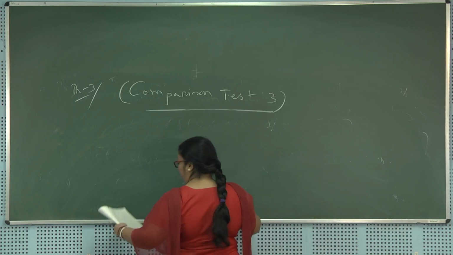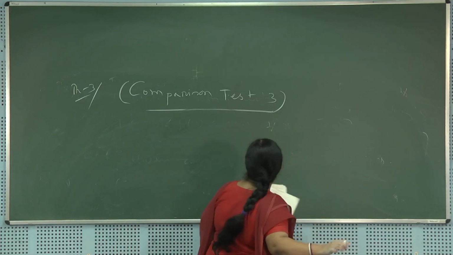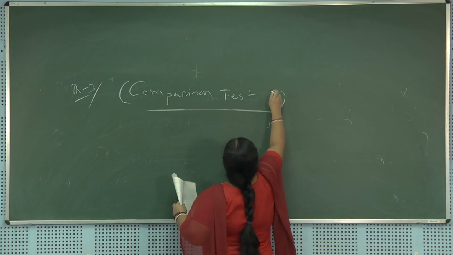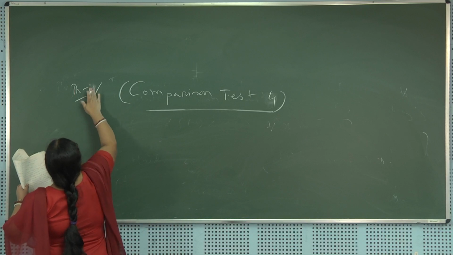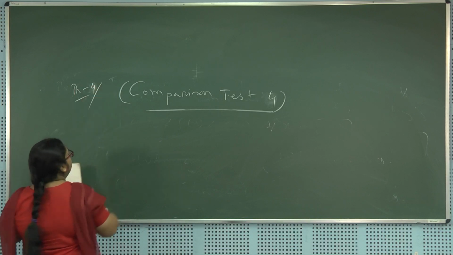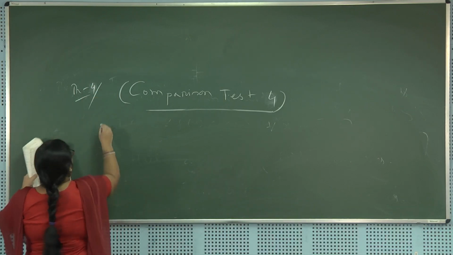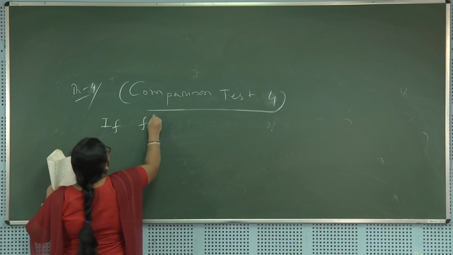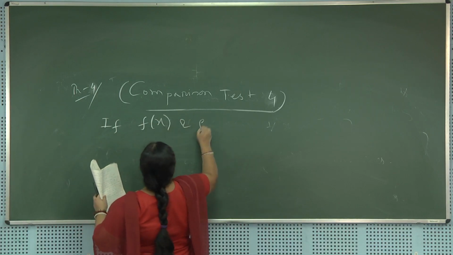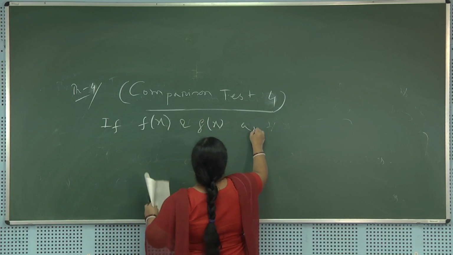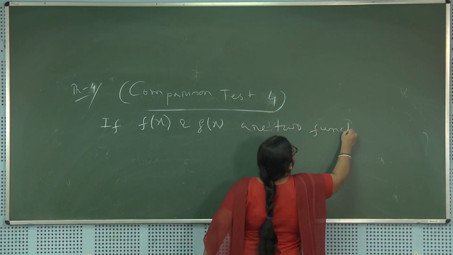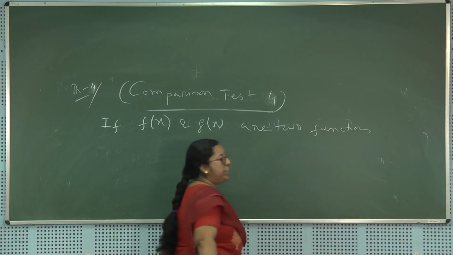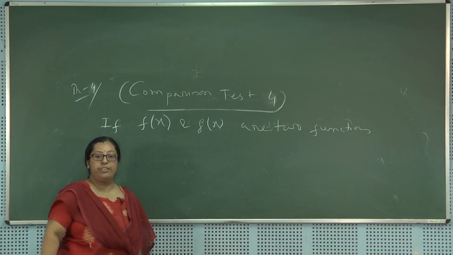Next, we will go for comparison test 4. Again, it is just like the ratio test. So, both are equivalent. You can try to show the equivalence. If f(x) and g(x) are two functions, it is a matter of convenience which one you want to use. For certain kinds of problems, comparison test 3 is much easier.